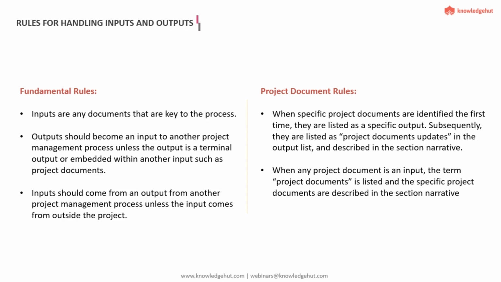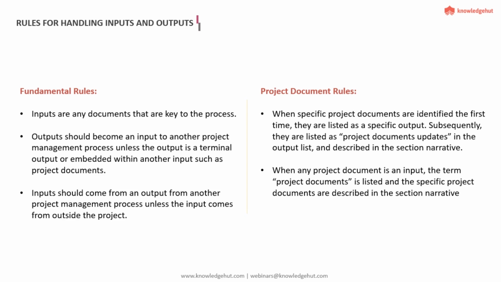Now, the first time any new document gets created in a new project, that document would be shown explicitly as an output. So the Identify Risk process, if I take the example, would have an output called Risk Register. That document name would be written very explicitly. But then going forward, in any of the other future processes, if this particular document gets updated or changed, they will not use the word Risk Register anymore.